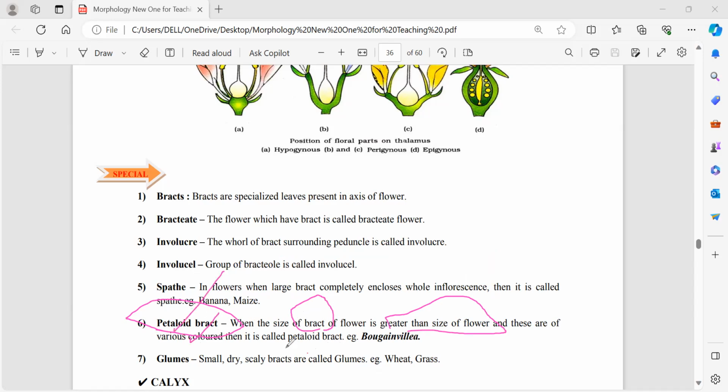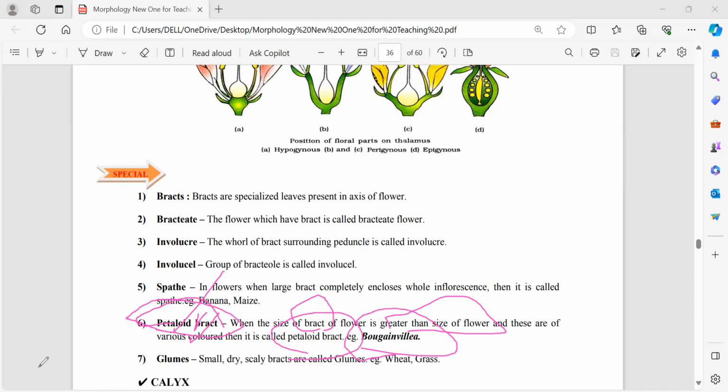So we call these bracts petaloid bracts. For example, bougainvillea. In bougainvillea, the outer showy attractive colored structure is not a petal, it is actually a petaloid bract. That is, the bract becoming petaloid.